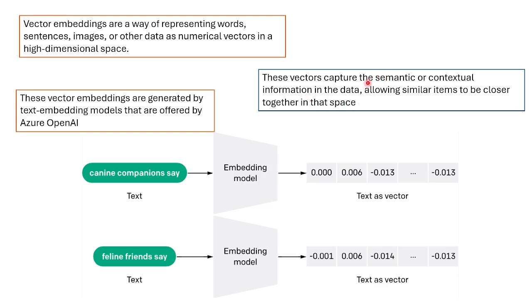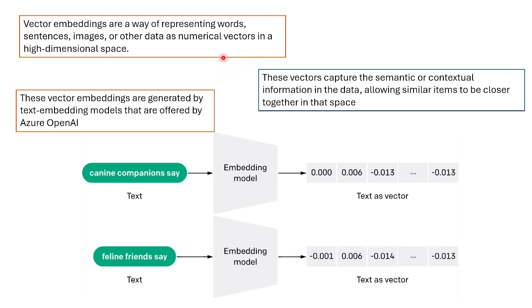So the purpose of converting your images, sentences, and even words that you feed to your GPT engine is to capture the underlying semantic or contextual information contained in the data, and also to arrange similar items, similar words having similar meanings, closer together in a confined space, or the high dimensional space in this case.